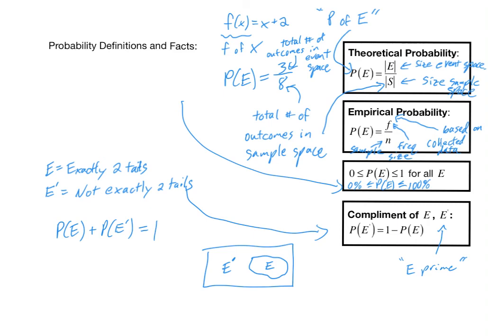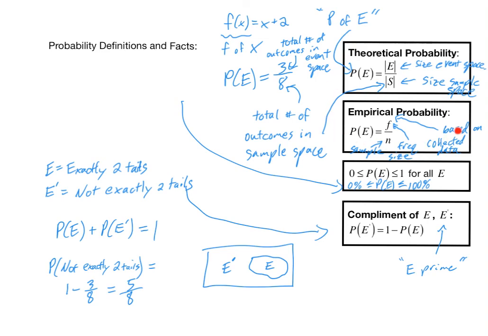So for example, if I wanted to know the probability of not exactly 2 tails, according to this formula, that's 1 minus the probability of getting exactly 2 tails, which we saw was 3/8. 1 minus 3/8, of course, 1 is 8/8. So if you take 3 away from 8, you've got a total of 5/8 left.